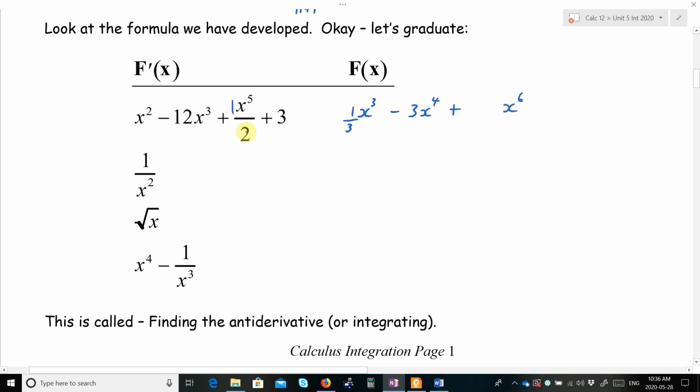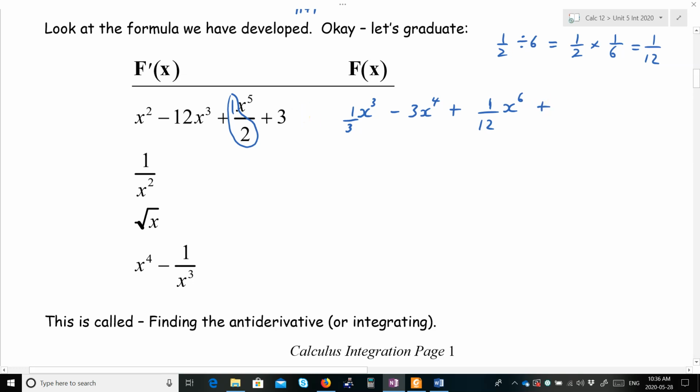And then notice we have 1 over 2, and we have to divide that by 6. 1 over 2 divided by 6 is equal to 1 over 2 times 1/6, which is 1/12. So we're going to need a 1/12 in front there. 6 times 1/12 is indeed the 1/2 that we would get right here.